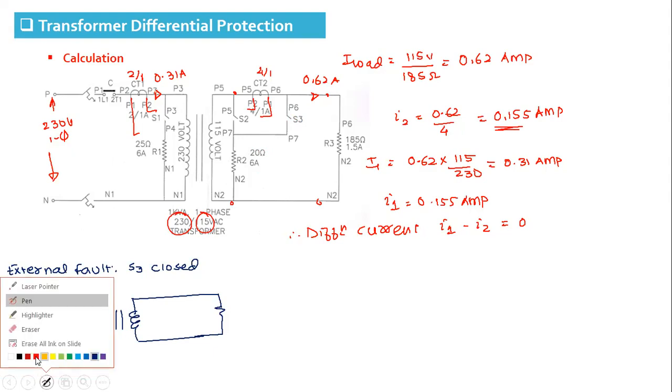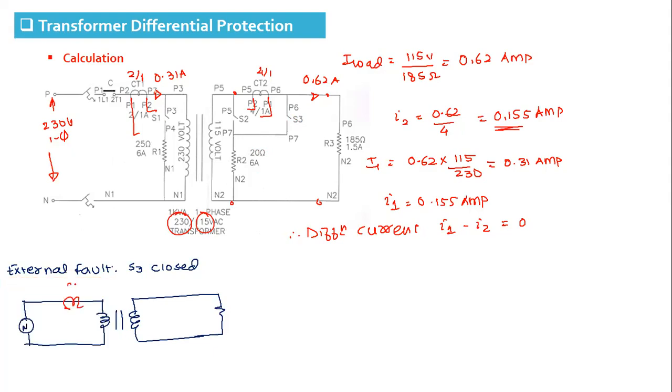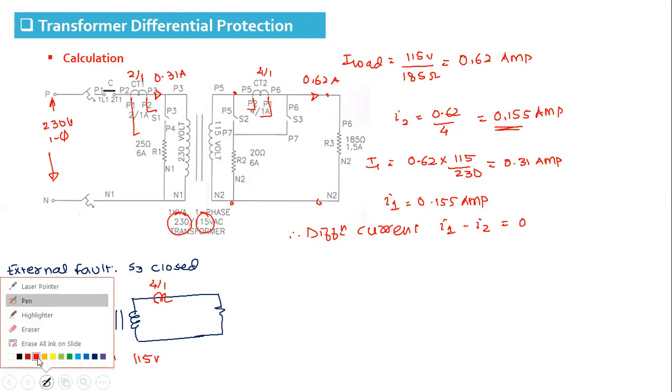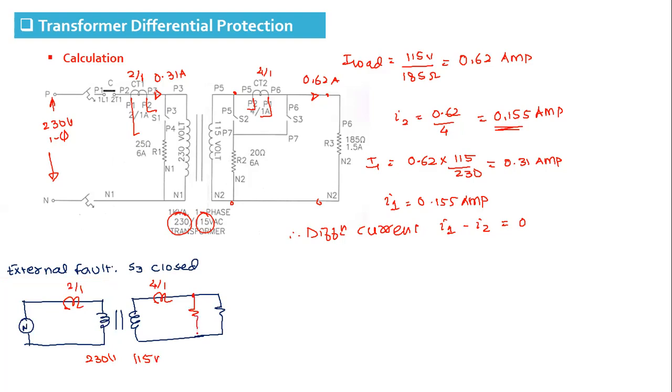Here are our CTs. CT is 2 by 1. This CT is 4 by 1. This is 230 volt. This is 115 volt. And when the switch S3 is closed, let's say it is here, the fault occurs outside the zone of protection, and 20 ohm. This is 185 ohm. So what will be the current?